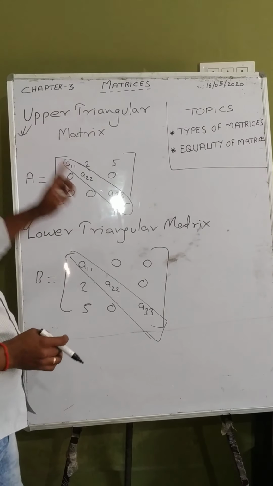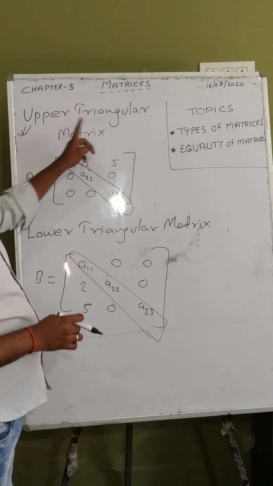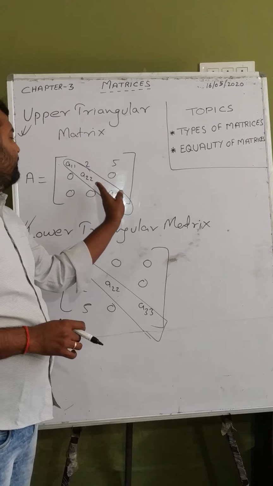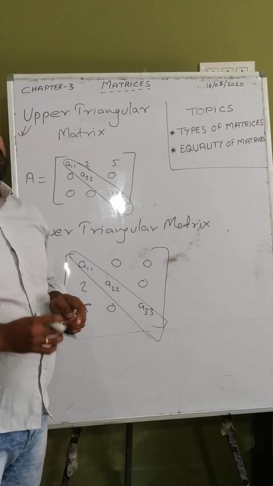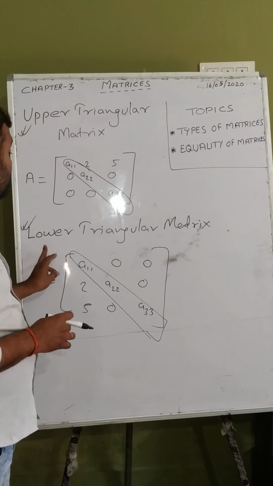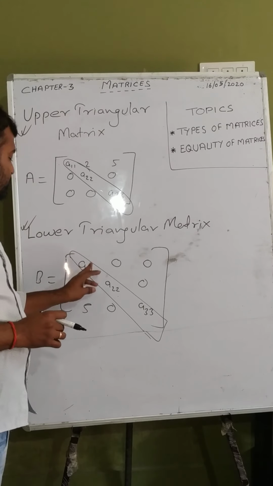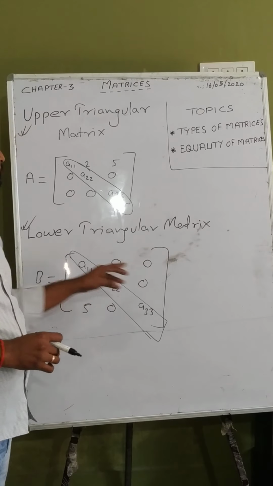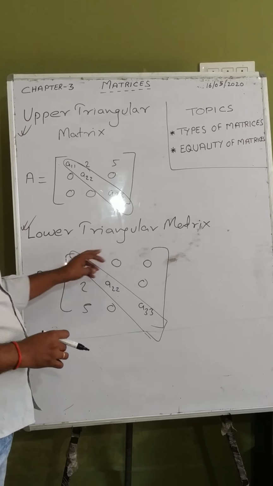Clear? So again I am repeating: in an upper triangular matrix, the elements below the diagonal elements are zero, and in a lower triangular matrix, all the elements above the diagonal elements are zero.